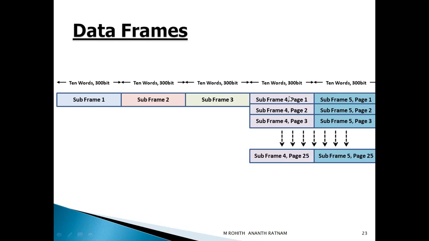Again, this subframe will have individual pages. Like that, a total of 25 pages. This is the first frame. To complete the master frame, this is how one particular master frame will be formed.